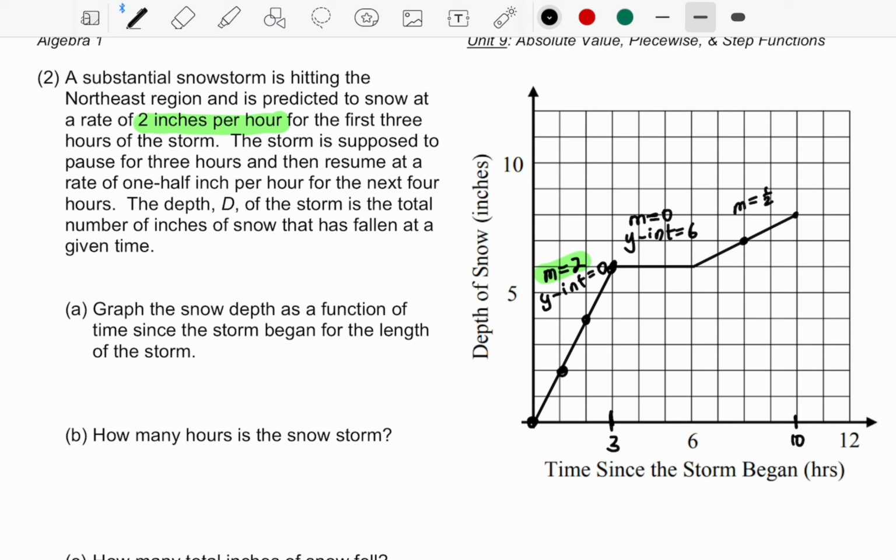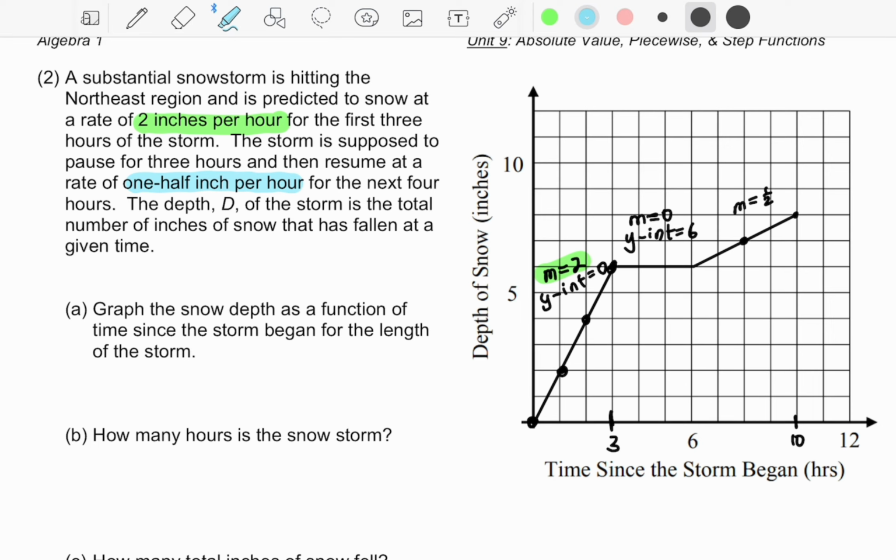And that's simply because they gave it to us. Thinking about the last problem compared to this problem, they have to give you some kind of information for you to determine the slope. Whether they flat out tell it to you or they give you some points and you have to figure it out yourself, either way, they got to give you something in order to make that determination.